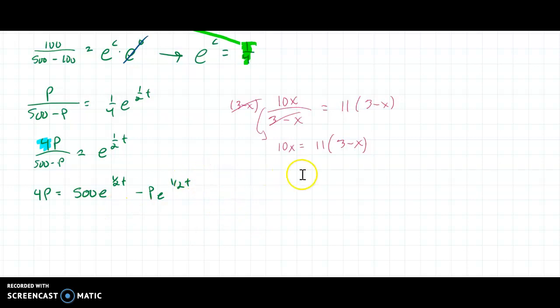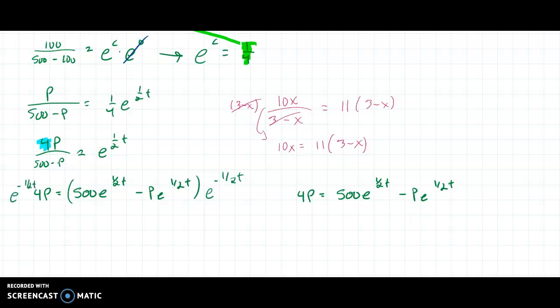Well, I'm going to divide everything by. I can actually show this in two ways. One is I am going to multiply both sides by e to the negative 1/2 t. So e to the negative 1/2 t.